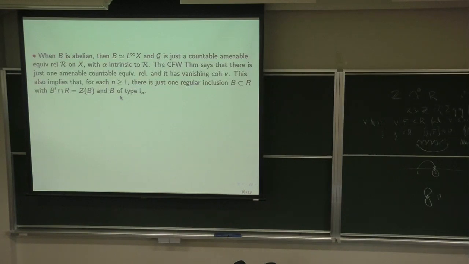By the way, I want to point out that what the Connes-Feldman-Weiss theorem says is that there is just one amenable countable equivalence relation, I mean, groupoid with trivial isotropy, and it has vanishing cohomology. That's how you can reformulate Connes-Feldman-Weiss. You see that it's much stronger than Ornstein-Weiss.